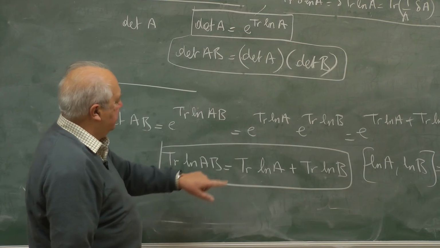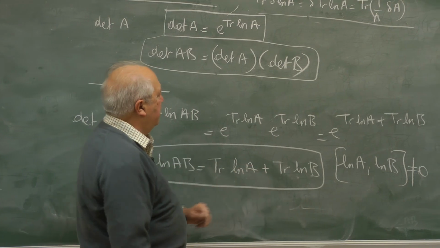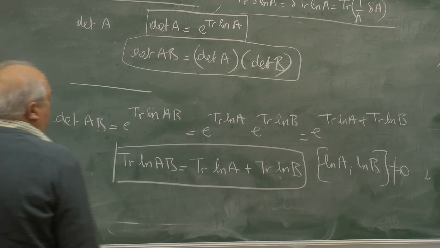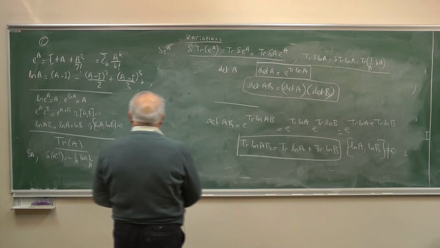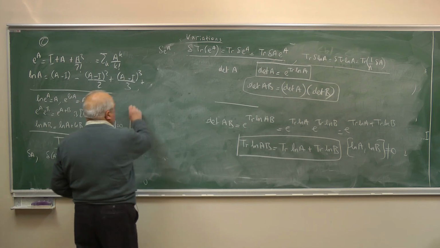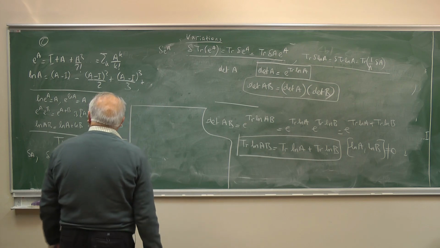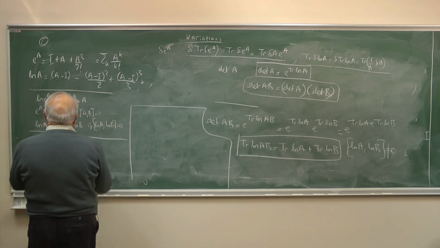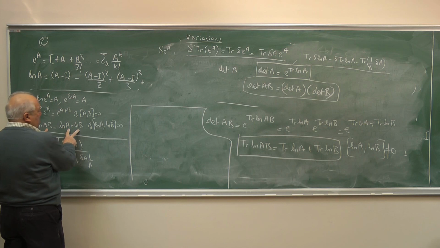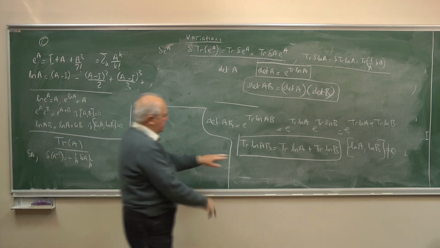Trace log AB is equal to trace log A plus trace log B. All right, here I want to indicate a point. So this doesn't hold as it is, but it holds under the trace.